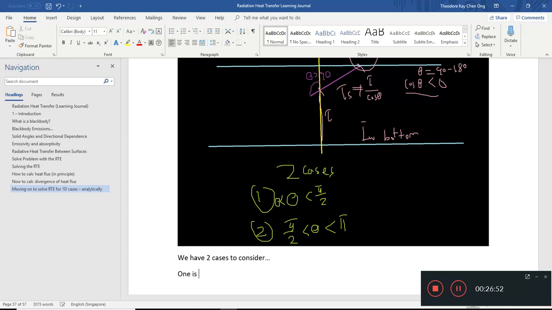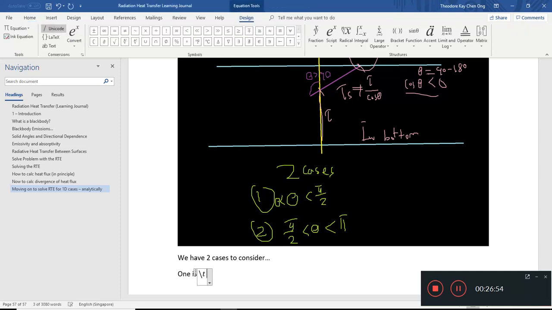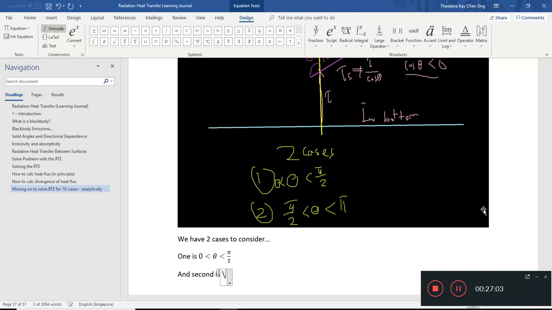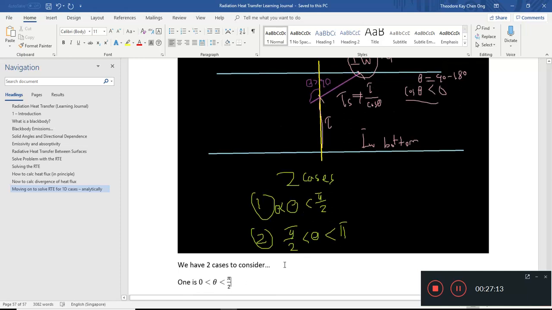One is theta from 0 to pi by 2, and second is theta going from pi by 2 to 180, or pi. So how do we deal with these two cases?